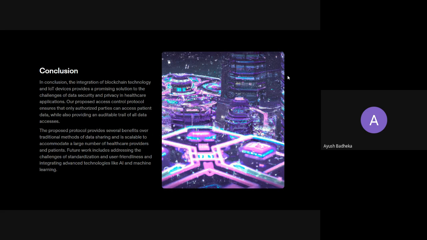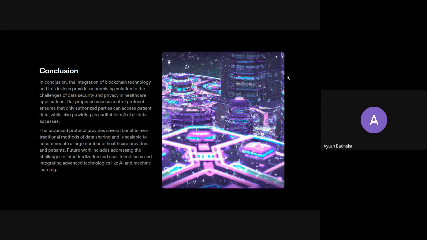Then there is CBAC, the context-based access control protocol. It is a more advanced access control protocol that takes into account the context in which a resource is accessed to make access control decisions. Going further, RBAC is relatively simple to implement, but it lacks the flexibility and granularity of ABAC and CBAC.